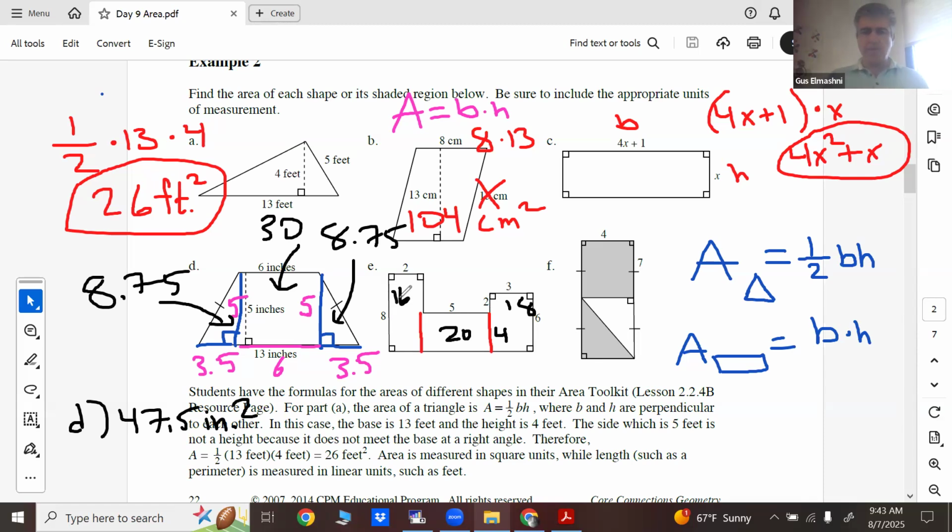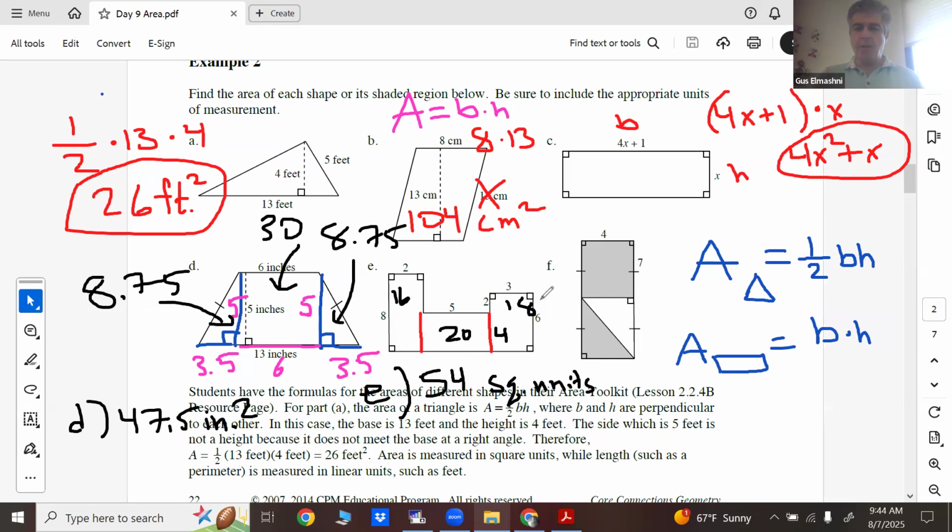Then the triangle off to the left is 8 times 2, and the triangle off to the right is 3 times 6. You should get 54. There are no units, so you say 54, or sometimes you say square units. We don't know what they are, so just arbitrarily say square units. Okay, so that's part E.